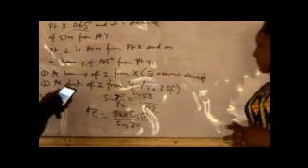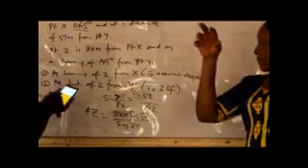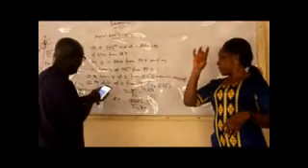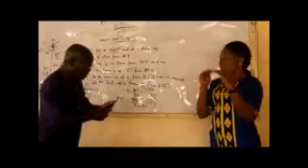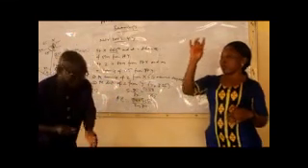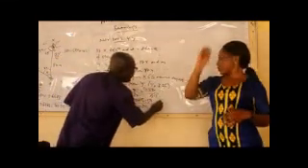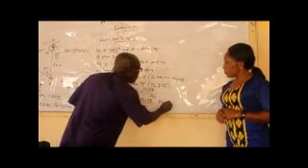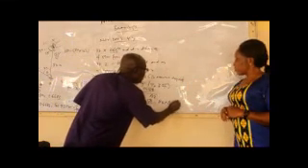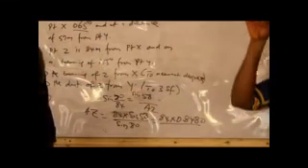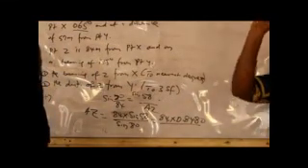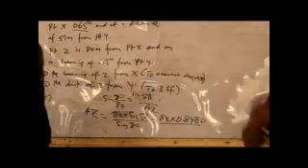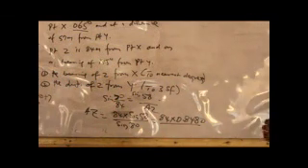Sine 58 gives you 0.8480. 84 and 0.8480, all over sine 80. Sine 80 is 0.9848.